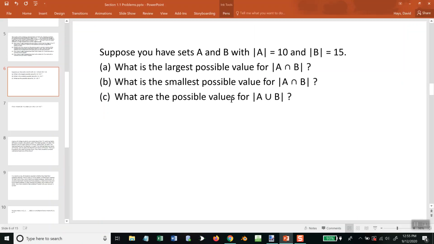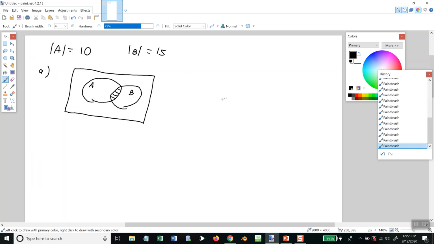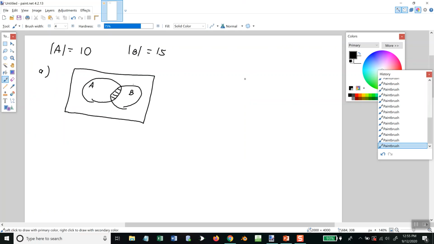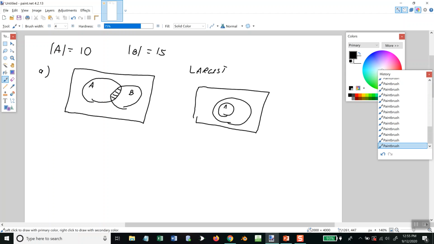And if I'm trying to find the largest possible value, the largest possible value would be where A was contained completely within B. Does that mean all the elements of A are contained in B? And that'd be my largest intersection.